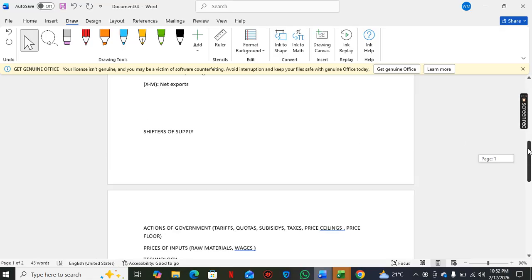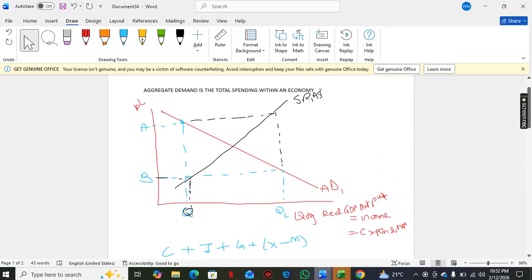Okay, colleagues, then finally we've got the long run aggregate supply, which is this straight line here. So the long run aggregate supply, this is what you can produce when you acquire all the factors of production and utilize them efficiently.